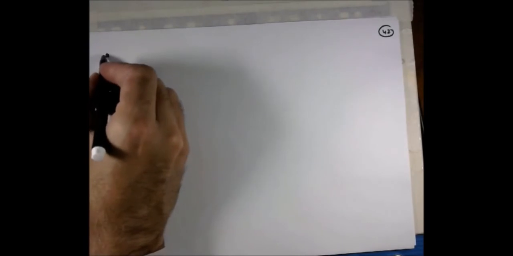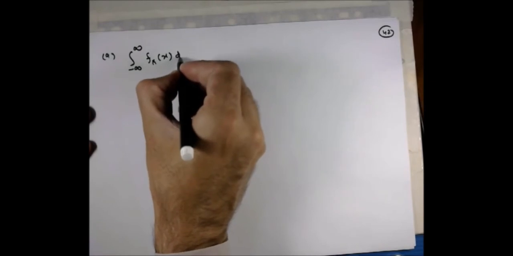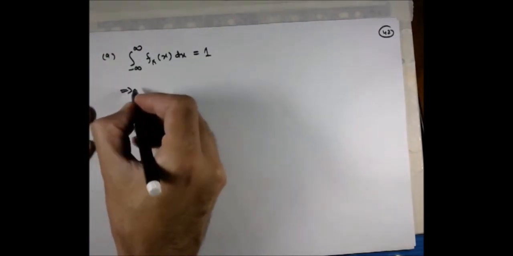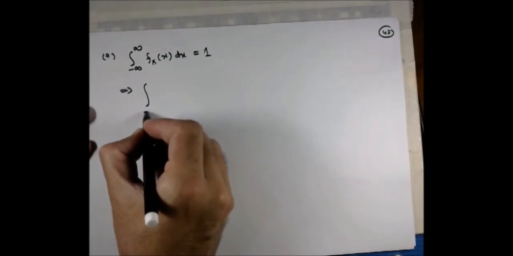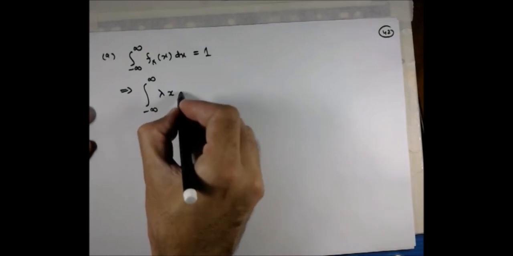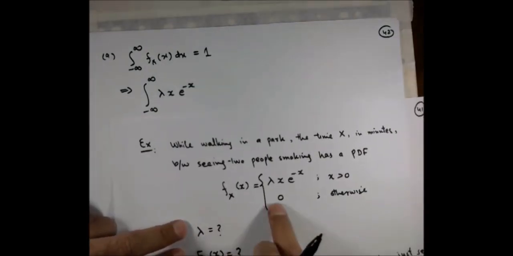So for part A, the integral from minus infinity to plus infinity of f sub x of x dx has to be equal to 1. But what is your f sub x? This, say, minus infinity to plus infinity lambda x e raised to power minus x. This is your f sub x.